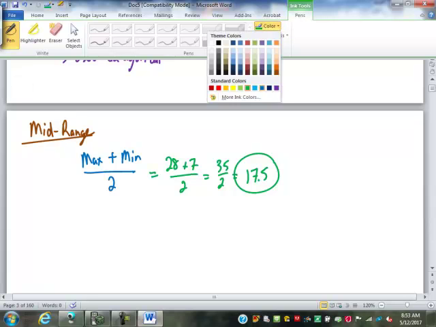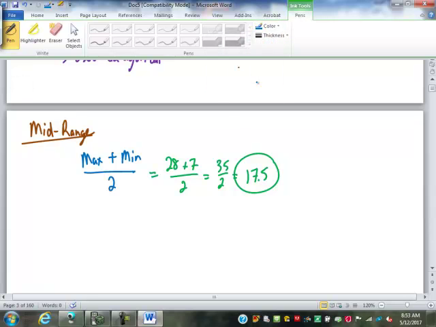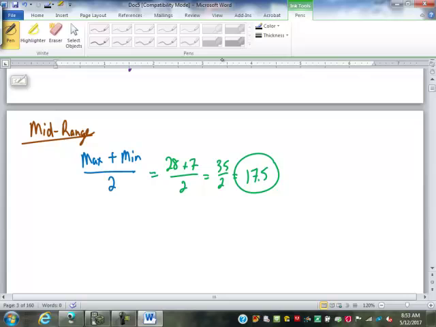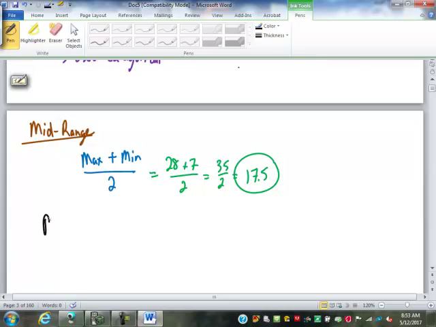Again, that's a really quick number to find an approximate center. The problem with the mid-range is it's not what we call resistant. And resistance is a big thing in statistics.